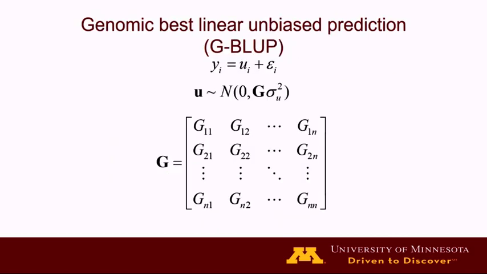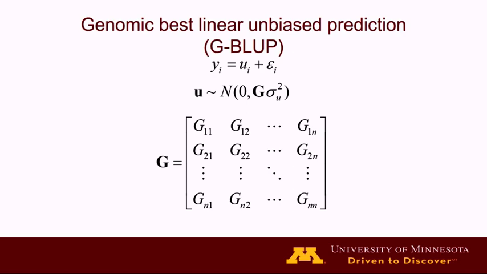So a little bit about G-BLUP. What exactly is G-BLUP? Like I said, G-BLUP is mathematically equivalent to ridge regression BLUP, based on what kind of multivariate normal distribution you assume about those marker effects. But I think this is a simpler way of looking at it. In G-BLUP, basically you assume the individuals and their polygenic effects, their genetic background in other words, are considered to be a random effect.